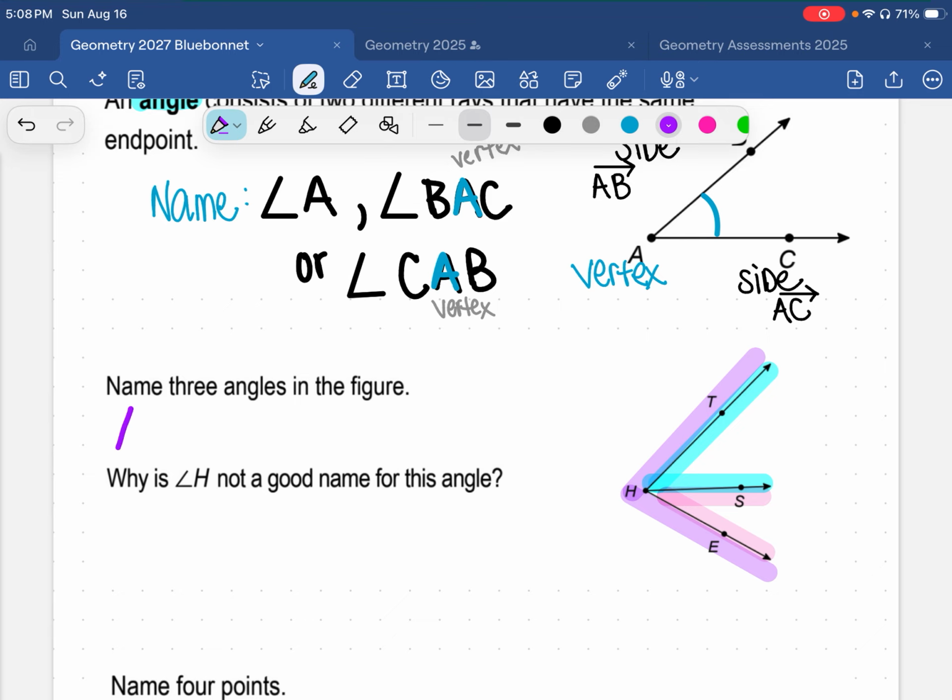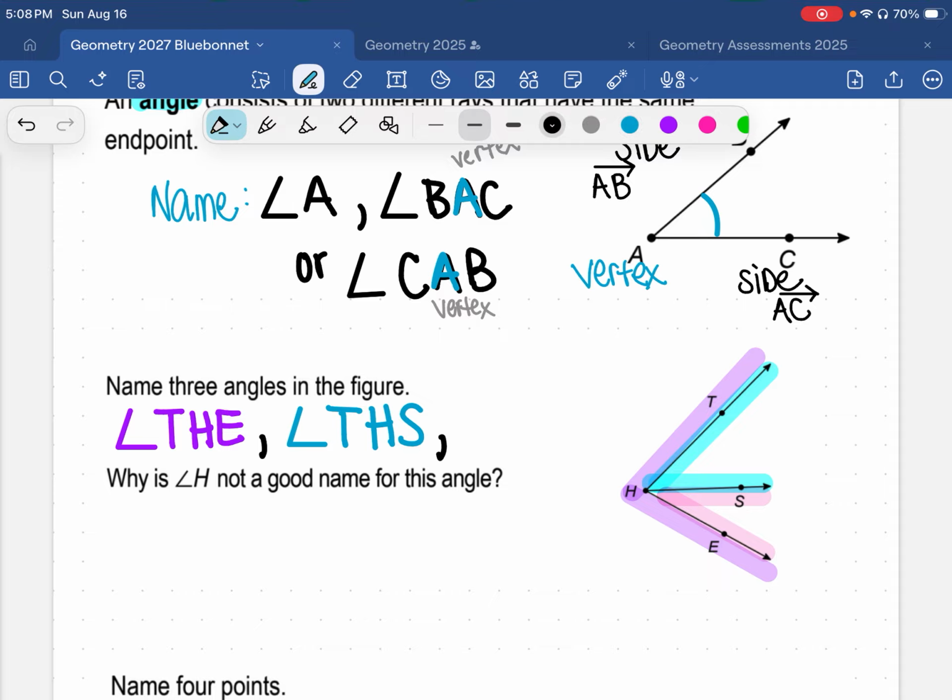Let's go ahead and name these 3 angles. So let's start with that purple one that I missed. I could start at T or I could start at E because H is my vertex, and I could call it THE, angle THE. For the blue one, I could call it angle THS, or I could go backwards SHT.